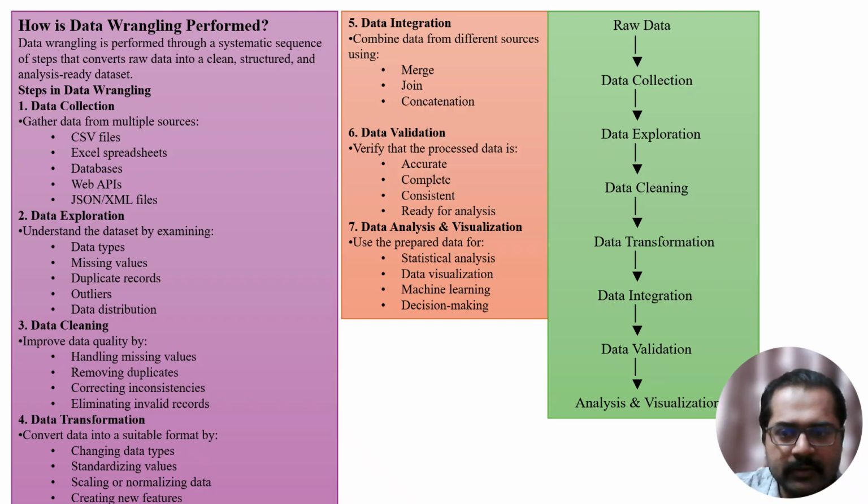Combine data from different sources using merge, join, and concatenation. Then data validation. We need to verify whether the processed data is accurate, complete, and consistent, ready for analysis. Finally, the prepared data is ready for data visualization, ML, and decision making. These are the flow diagram, the sequence of steps in data wrangling.